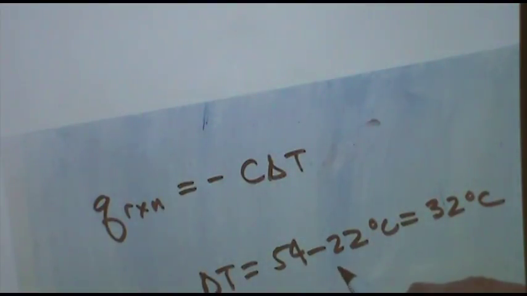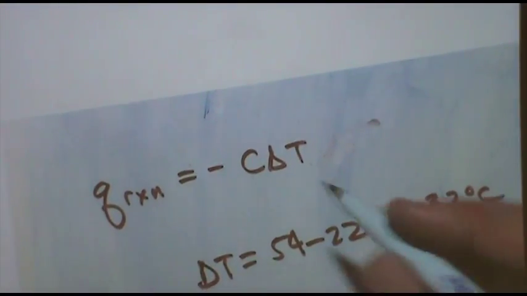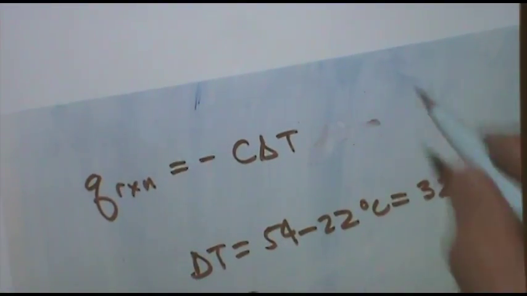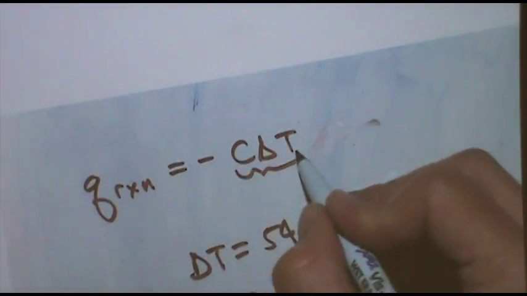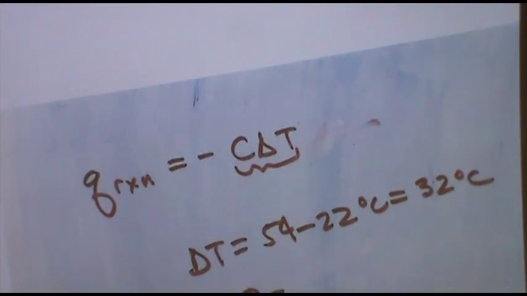C, the calorimeter has the same specific heat of water. So this happens sometimes: the calorimeter usually is just specific heat or heat capacity, capital C, but sometimes they'll say that it has the same as water.